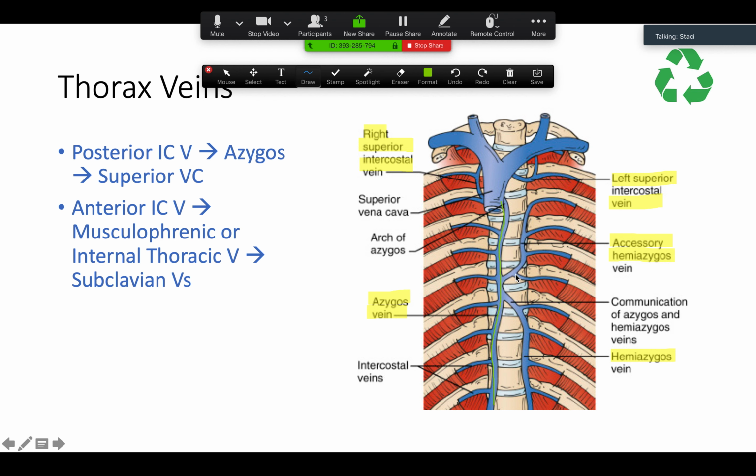Then we've got the accessory hemiazygos, which is draining the upper left portion, and the hemiazygos draining the bottom of our posterior ribs. And remember that the anterior intercostal veins drain into the musculophrenic or internal thoracic, and then into the subclavian vein to get us to our heart.